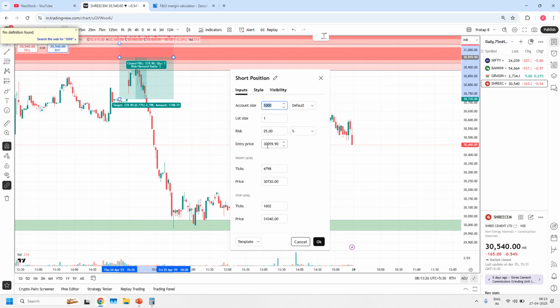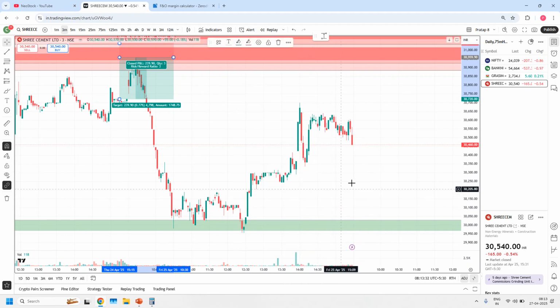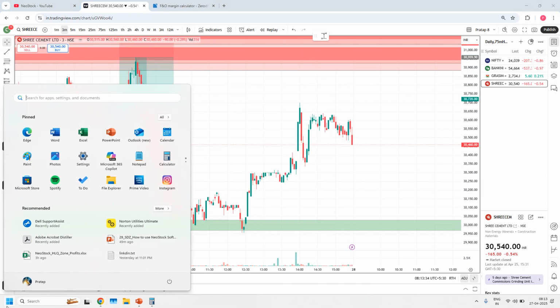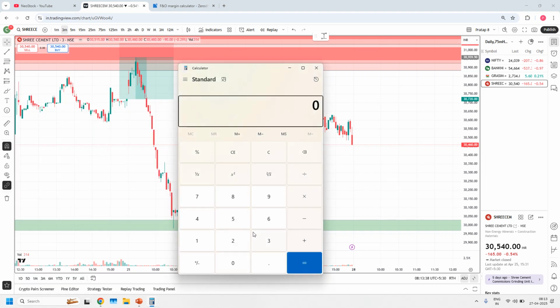What is the cost of each share at the time you went for the short trade? The entry price, 30,959, 90 paisa. Let me copy this value. Let me open another calculator. Into 25. So this is the money we invested.